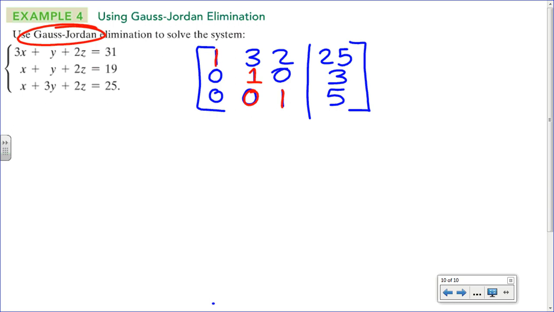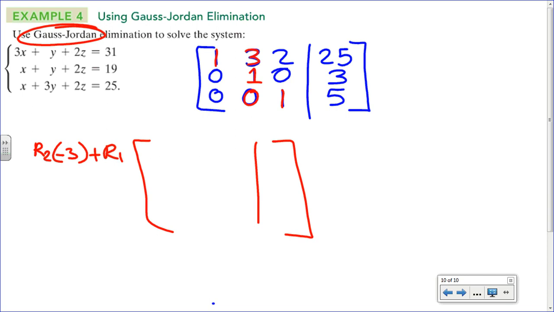So we're going to use R2 times the additive inverse of this 3, which is -3, and add it to R1. Let me copy my other two rows: 0, 0, 1, 5 and 0, 1, 0, 3.